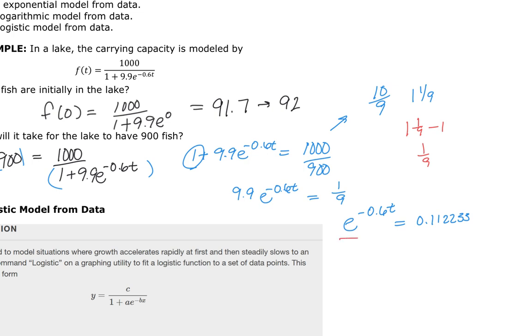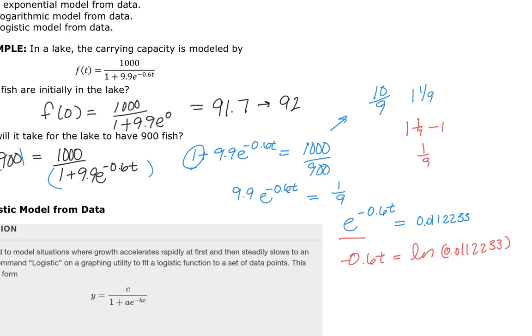When we take the natural log of this side, I'm just going to get negative 0.6 t. I have the natural log of 0.11223344, etc. Oh, there's a 0 right there. So there is a 0 between the 1 and the decimal place.